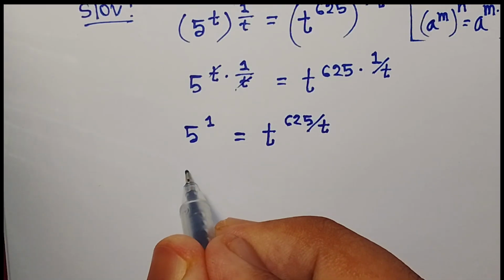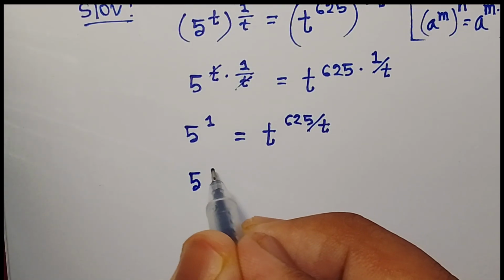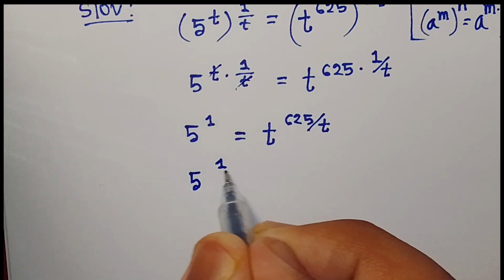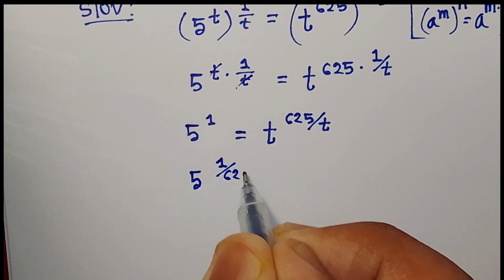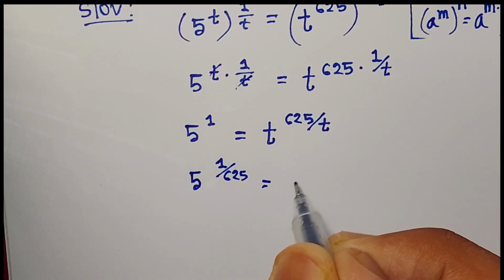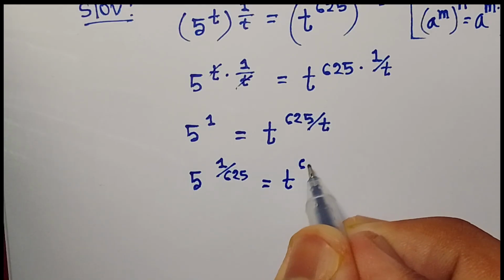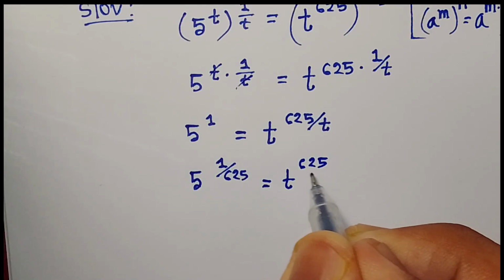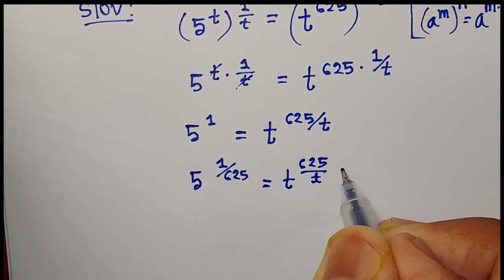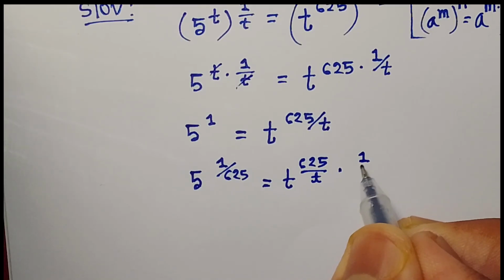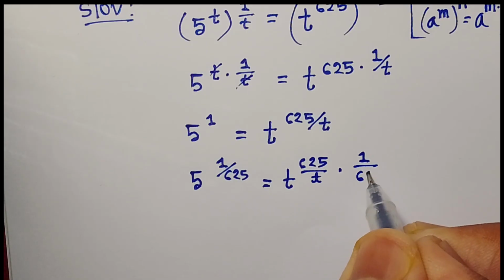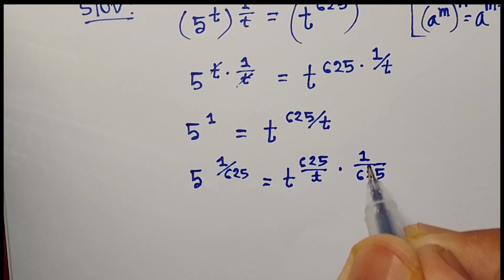Now we can write 5 to the power 1/625 equals t to the power 625/t times 1/625.